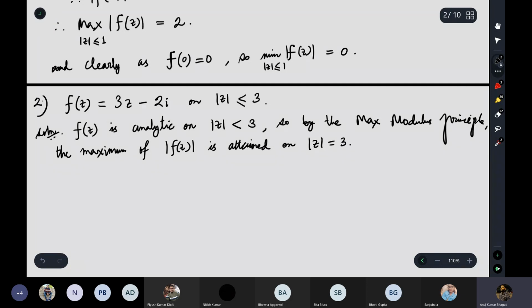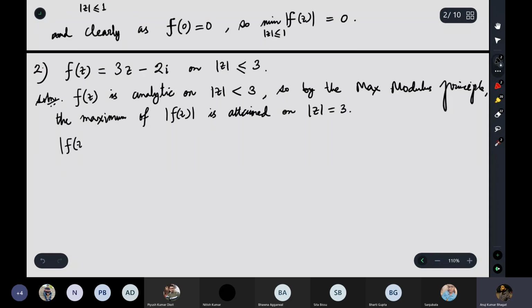If we start in a similar manner, for 3z minus 2i, applying the triangle inequality, this is at most 3 times modulus z plus modulus of 2i.